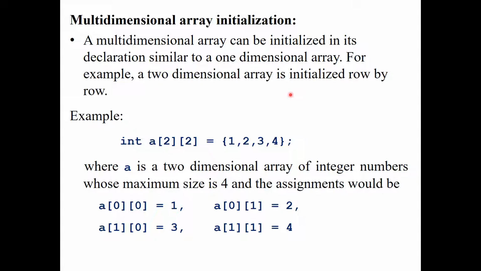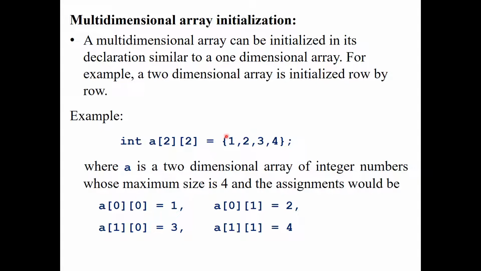The first row is initialized, then the second row, then the third row, and so on. You can either put these individual rows in curly brackets, or you can directly write them like in this example, int A[2][2]. That means it is a 2x2 matrix, so it will have 4 elements, and the first 2 elements are the first row.